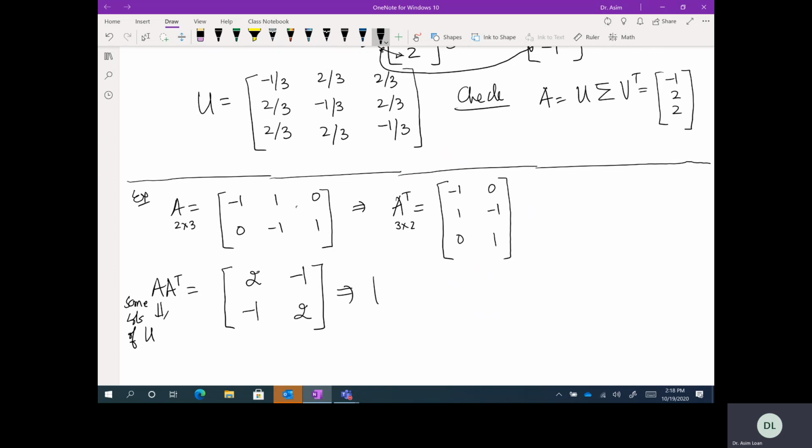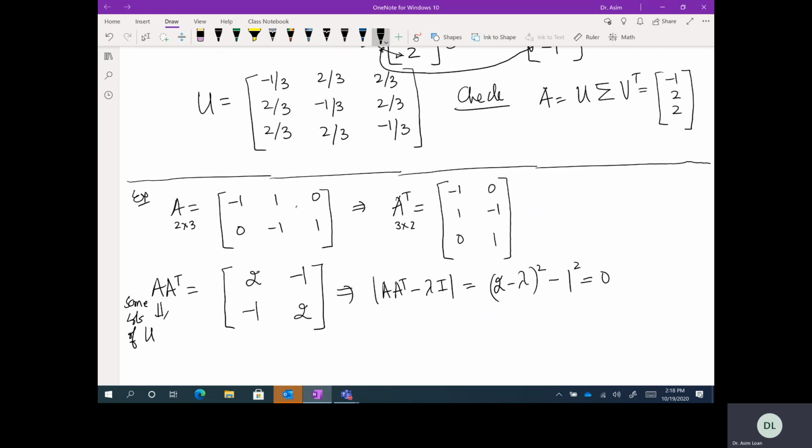So this implies the determinant of AA transpose minus lambda I equals 0: 2 minus lambda squared minus 1 equals 0.